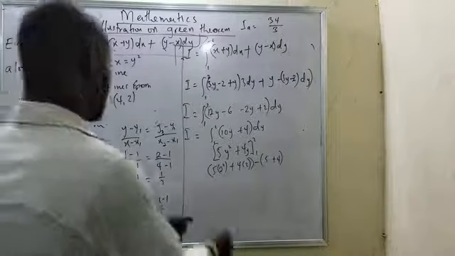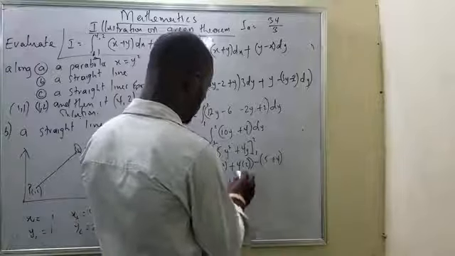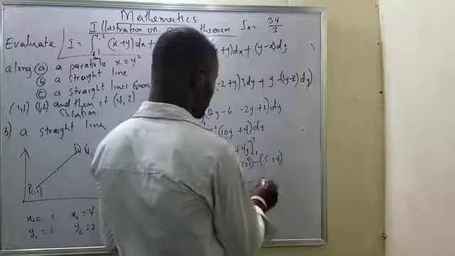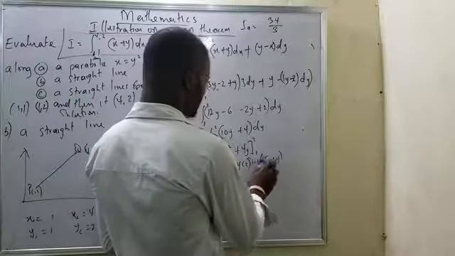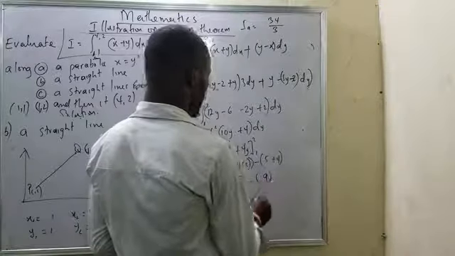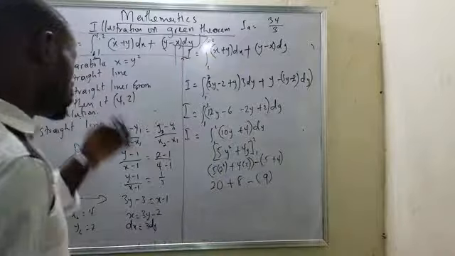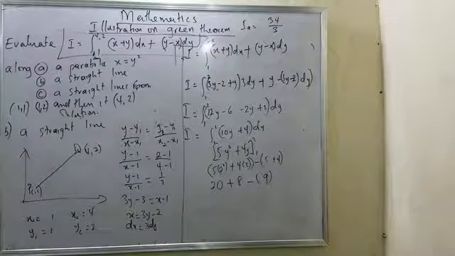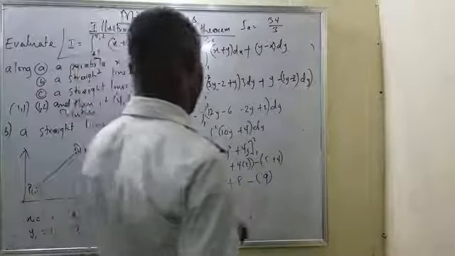That will be 20. 20 plus 8 minus 9. This and this will be 1. This plus this, it will be 20.